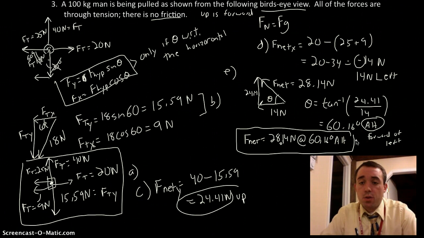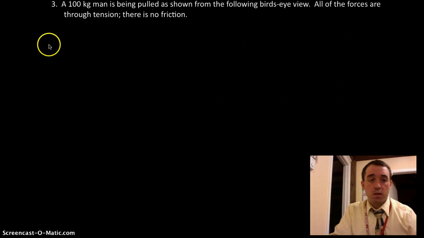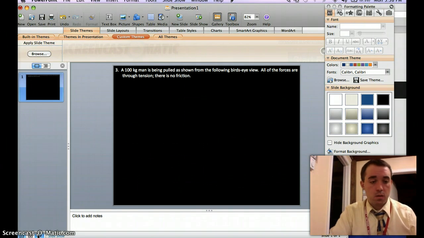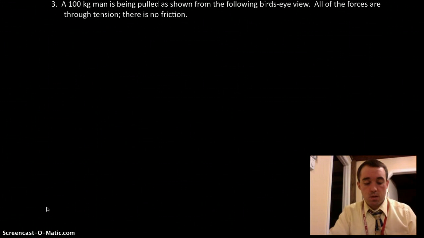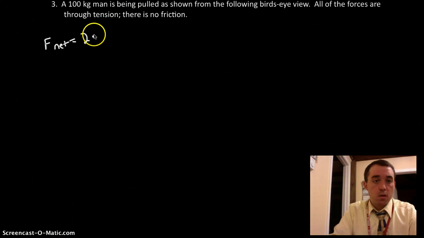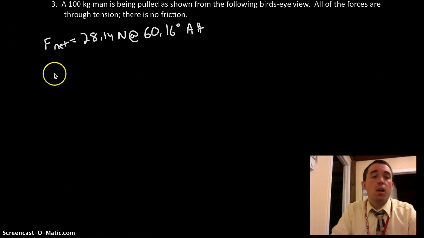On the next slide, I've just got to show what the acceleration is. So, acceleration, our net force, oops, hold on. Our net force was 28.14 newtons at 60.16 degrees above horizontal. Our net force divided by our mass is our acceleration.